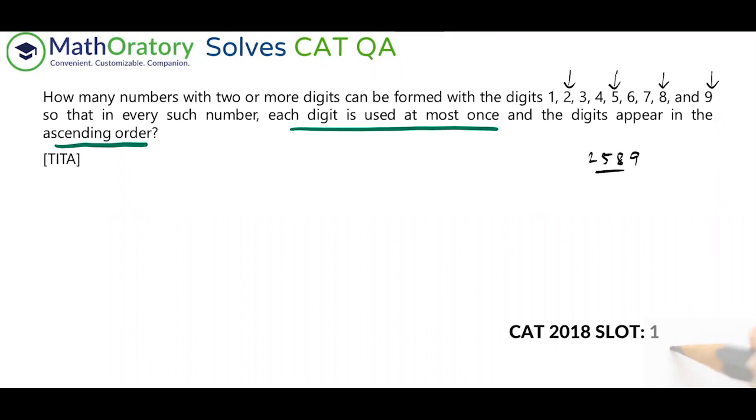For each of those allowable selections, you'll always have one number, whether it's 4 digits, 5 digits or 3 digits selected. Whenever you select a particular set of digits, only one number can be formed under the given constraint.